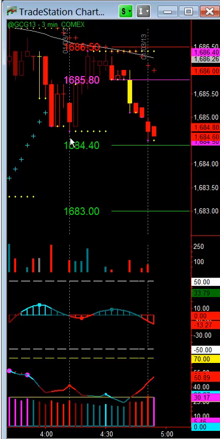Let's see if it will come down and at least touch 1684.4. I'm about 2 ticks away at the moment.